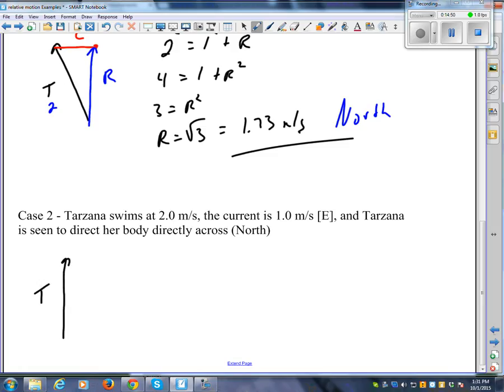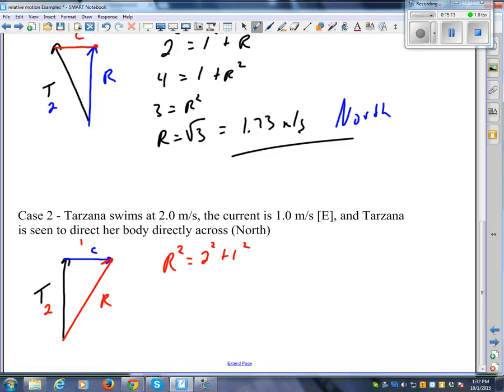Tarzana. Current. Resultant. So in this case here, this is our 2, this is our 1, and this is our r. Because the hypotenuse is the r, now it's r squared equals 2 squared plus 1 squared.